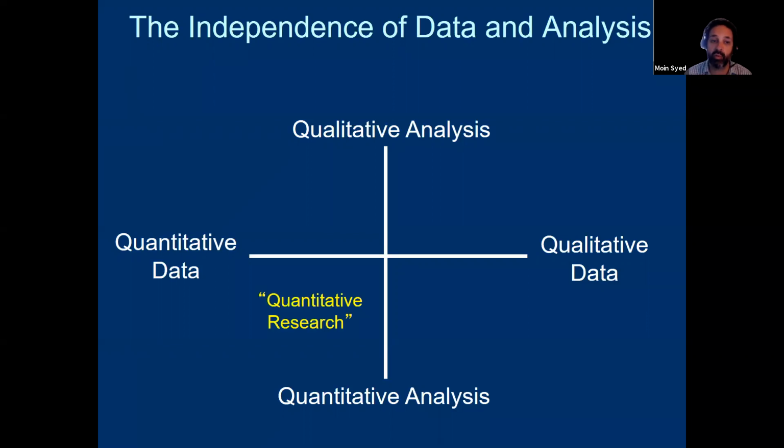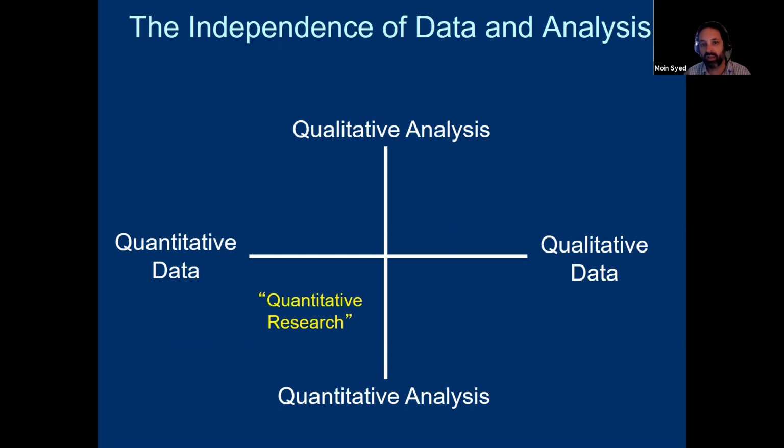For example, if you have quantitative data and you analyze those quantitative data using quantitative analysis, some statistical analyses, then you could probably safely call that quantitative research. And that's often what we think of when we think of quantitative research, really that quadrant of research.